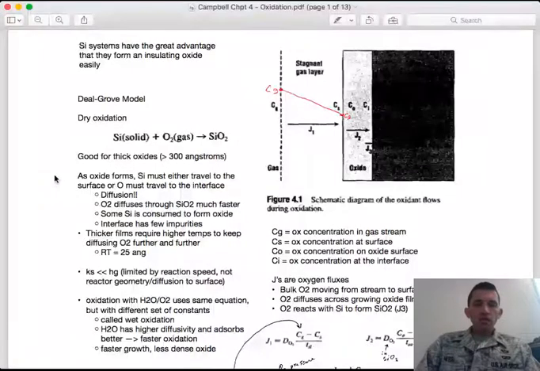This model is good for predicting the thickness of thicker oxides, as we'll see a little bit later in these notes. It doesn't do so well for really thin layers. It actually under predicts the thickness, and we'll talk a little bit about why that might be.